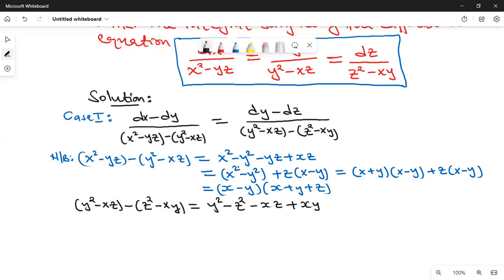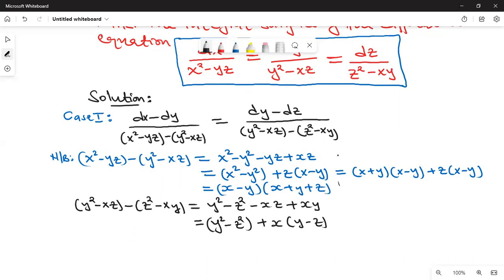So the next thing is to now factorize. Before we factorize, let me group this. So we can write this as y squared minus z squared. That is one group. Then in the other group, I can see x is common, so x outside into y minus z.